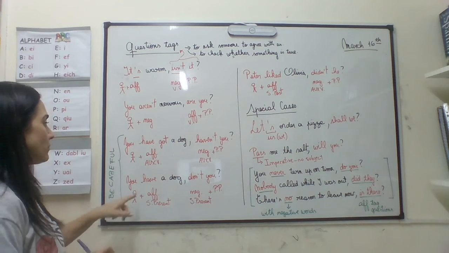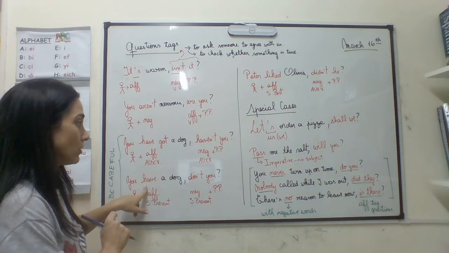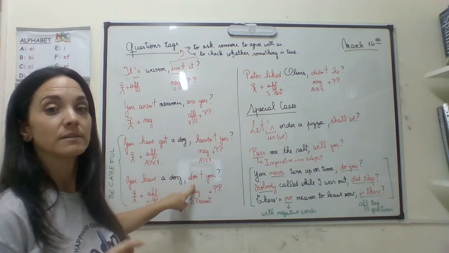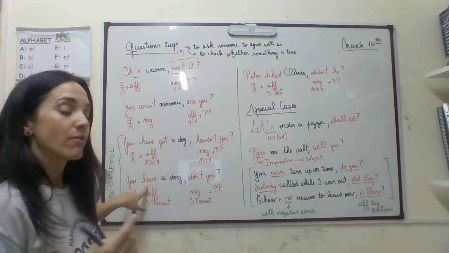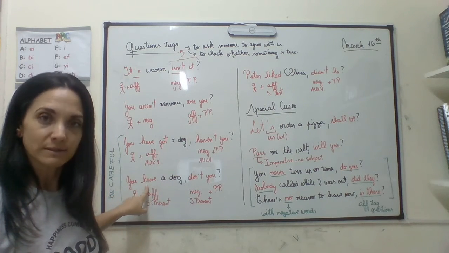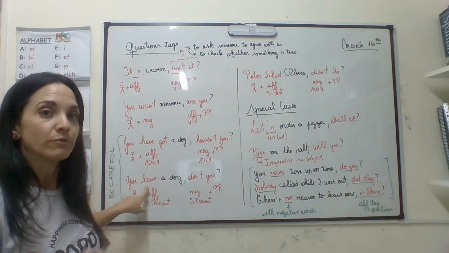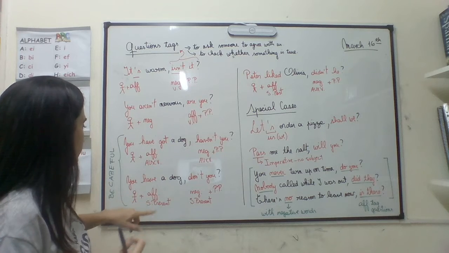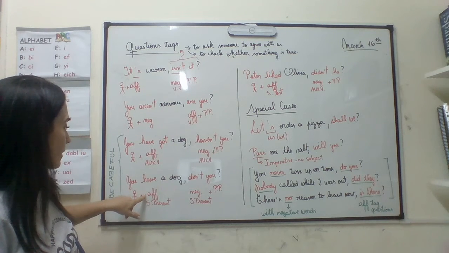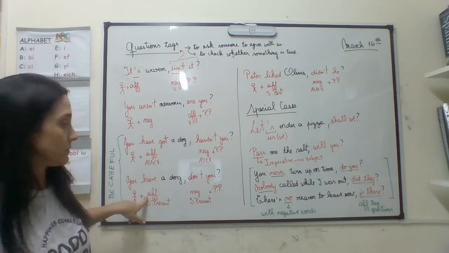Now what happens if you say you have a dog? The question tag is don't you? And why is this? Because in this case the have is for simple present. It's not an auxiliary verb, it is a main verb. And if it is a main verb, you're going to use it in affirmative.